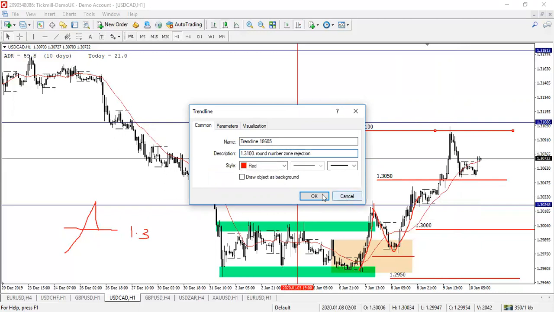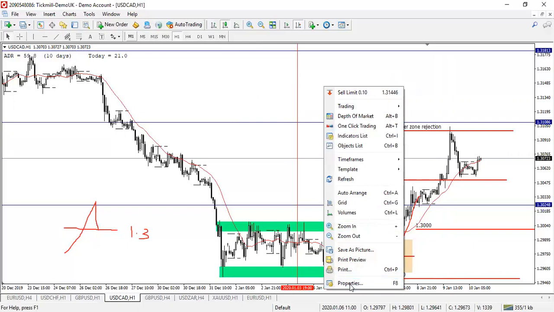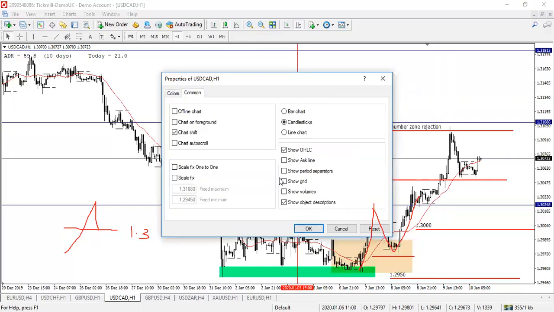And guys, in case you don't know how to have a message associated with any object that you put on a chart, let me show you quickly. For example, I draw this line here. I want to show you something which you might find useful if you continue to trade. Let me be practical.